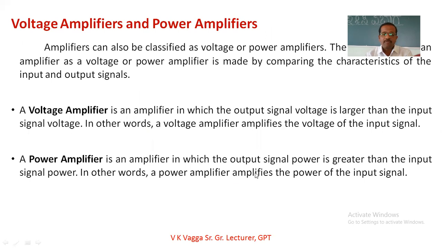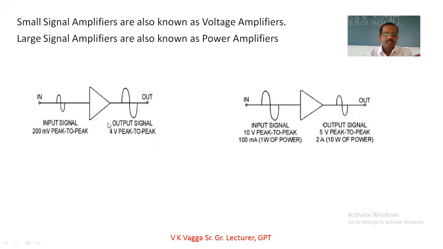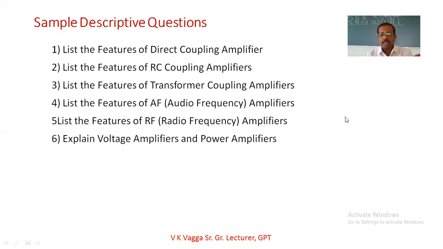What is a power amplifier? It amplifies the power of the input signal. In the first case, the amplifier has amplified the voltage, millivolts converted into volts. But in this you can see the amplification is done for the power. The 1 watt has been increased to 10 watts. This is called the power amplifier.